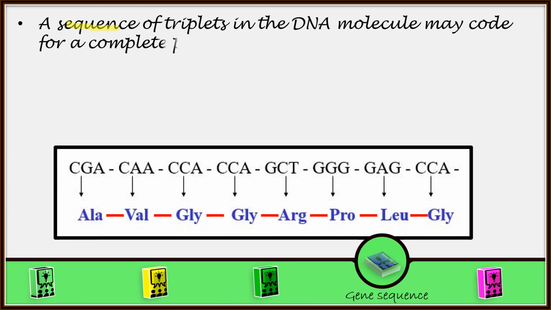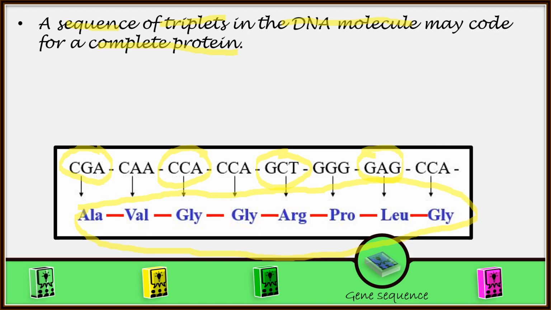So a sequence of triplets in the DNA molecule may code for a complete protein. These triplets are found in DNA, and they code for a particular protein. This is a part of the protein that has been coded by the triplets found in the DNA.